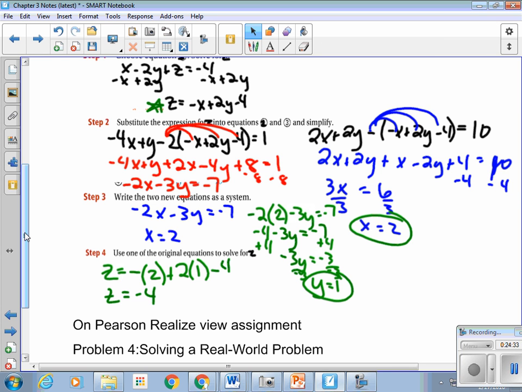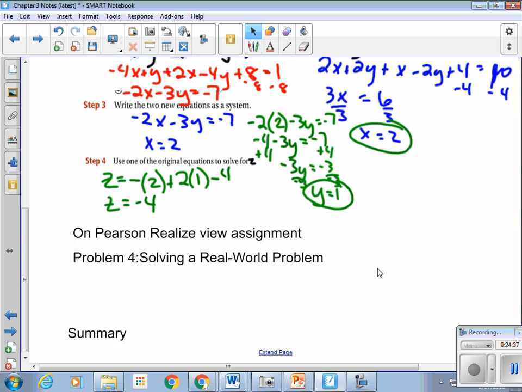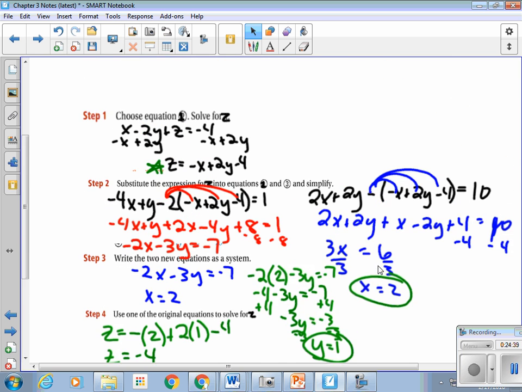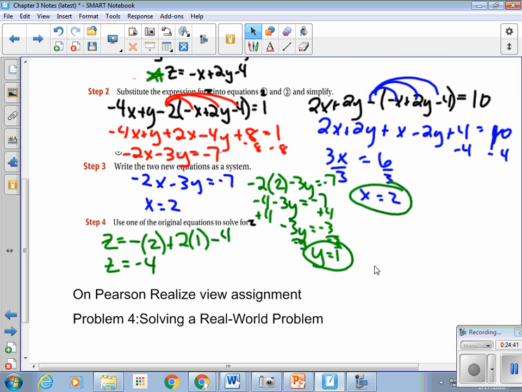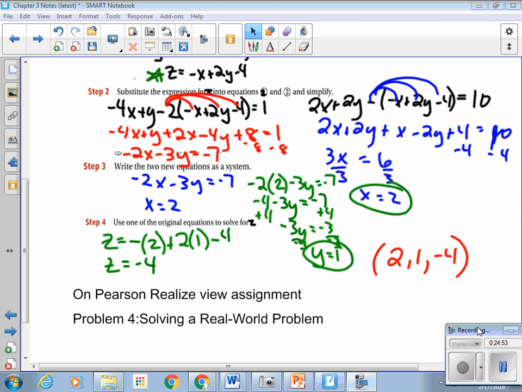X is 2, y is 1, z is negative 4. So let's write that as an ordered pair. 2, 1, negative 4. I was looking for my answer. All right, that's all for notes today. You guys can write your summary.